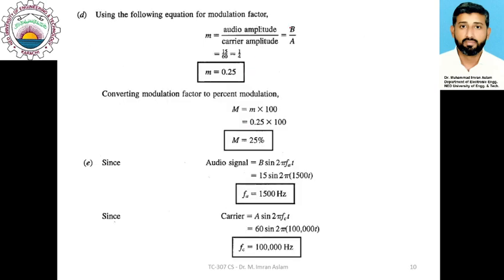So if we divide the amplitude of the audio wave by the amplitude of the carrier wave, we see that the modulation index comes out to be 0.25, and we can simply convert this modulation factor into percentage modulation by multiplying it by 100. So we see that this particular waveform has 25% modulation.